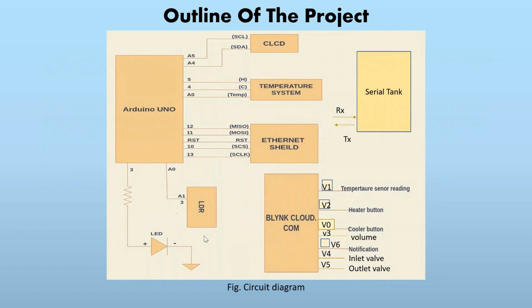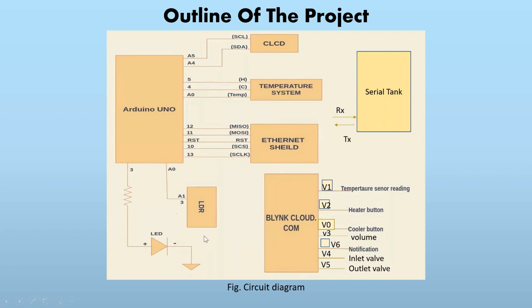This is our outline of the project. We'll be using Arduino Uno as our microcontroller for the process. We'll be simulating this in Proteus Lab. Here we will be having LCD, the display for our project, and it will be connected through the A5, A4 analog pins of Arduino Uno to SCL and SDA of the LCD. Then we have temperature sensors for heater, cooler, and temperature as H, C and temperature.